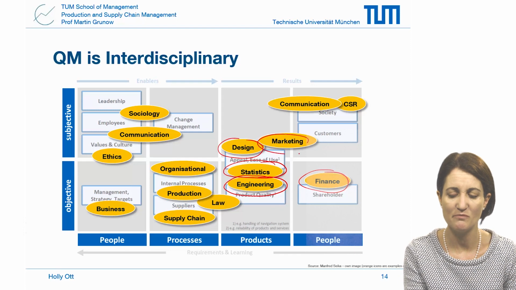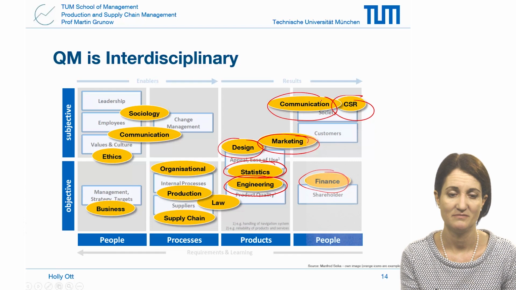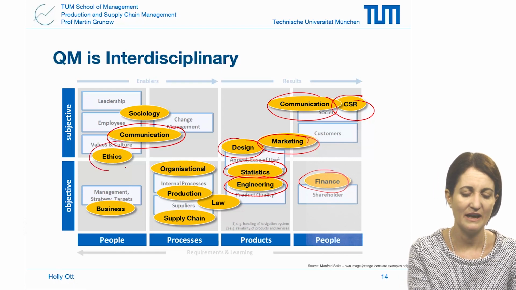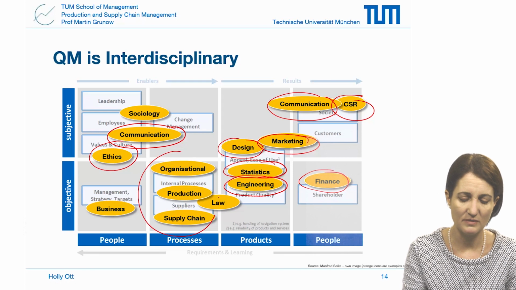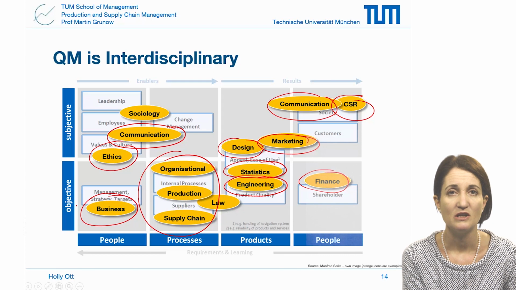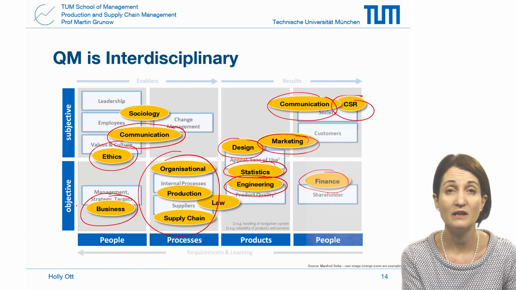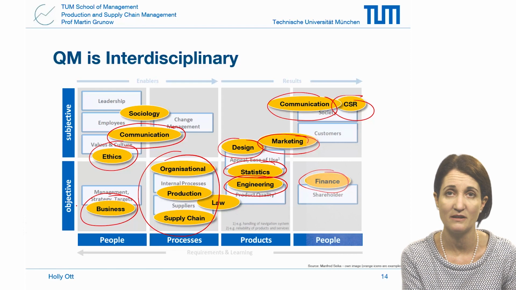You have the design, you have the marketing, communication, corporate social responsibility, ethics, supply chain, production, the entire business strategy. So what you see here is that everybody in the company has a stake in quality. Quality is no longer just the inspection team at the end of the line that costs resources and time. Quality is a mindset and a culture, and it drives the company towards the goal of total quality management.